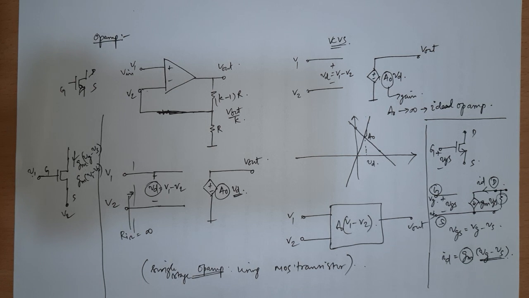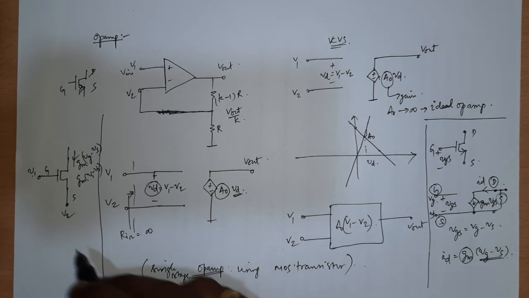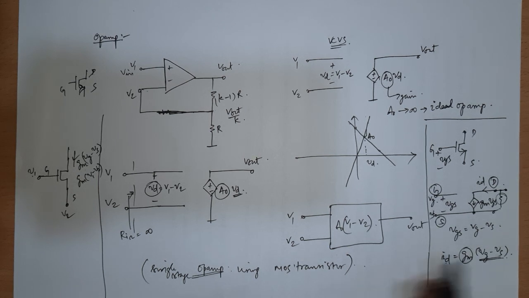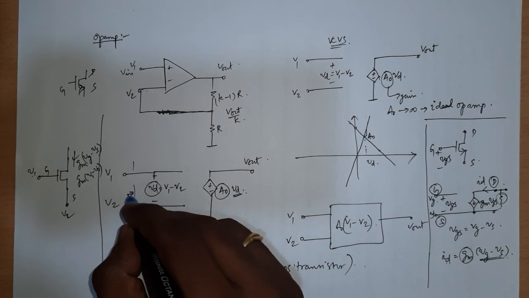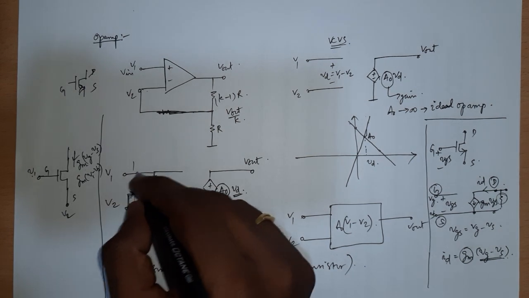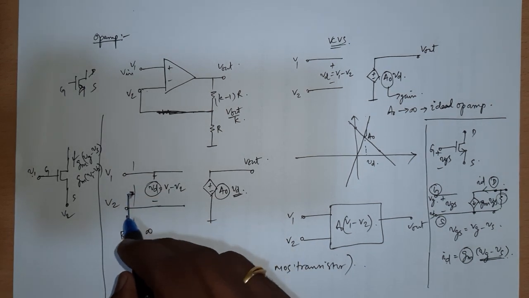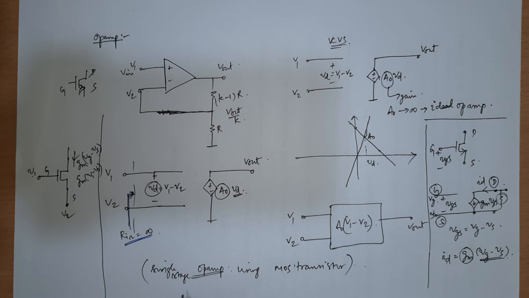But the major problem, as far as realizing an op-amp is concerned, is that if you look in from both the inputs, either from the V1 side or from the perspective of V2, your input impedance should be infinity.